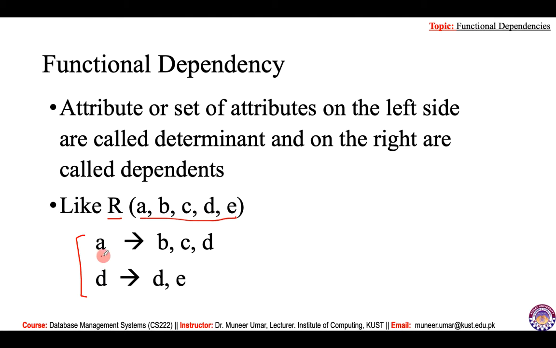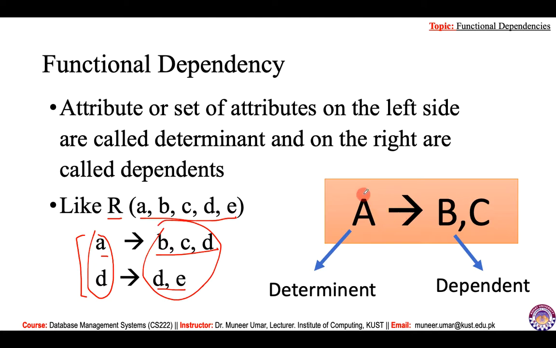Here A determines the attributes B, C, D, and D determines the attribute D itself and E. These attributes are either determinant or dependent. The attribute or set of attributes on the left side are called determinant, and on the right side are called dependent.